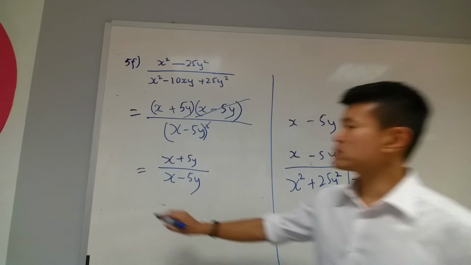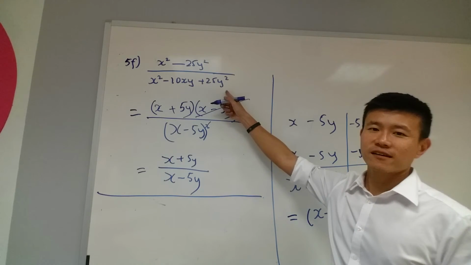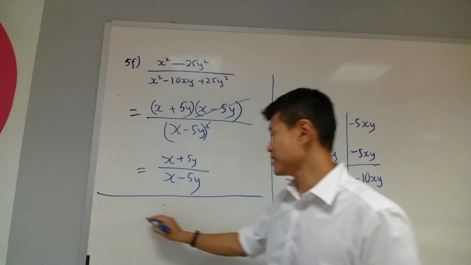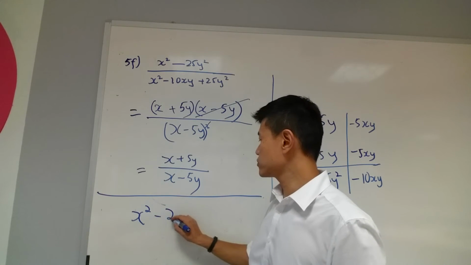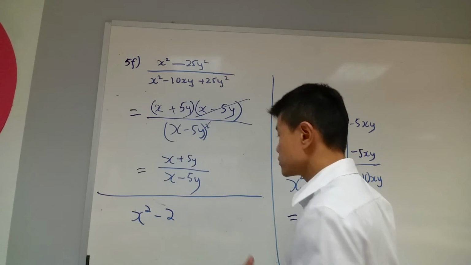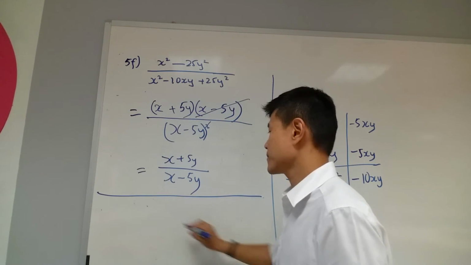Now for those of you who are a little sharper, you might have seen already that this fits nicely into the a squared minus 2ab plus b squared identity, since most of you are familiar with a and b.